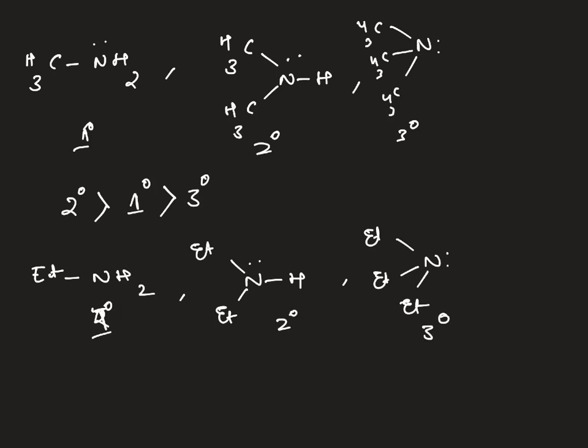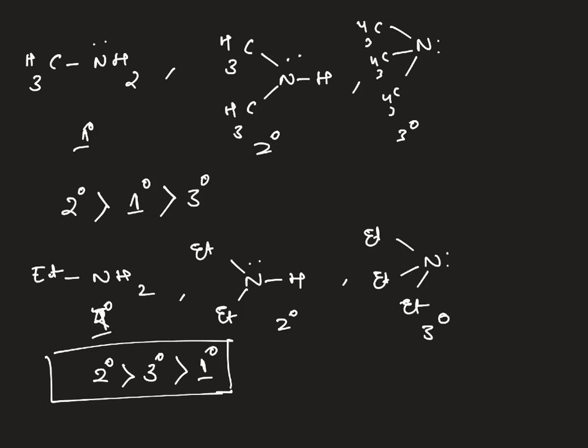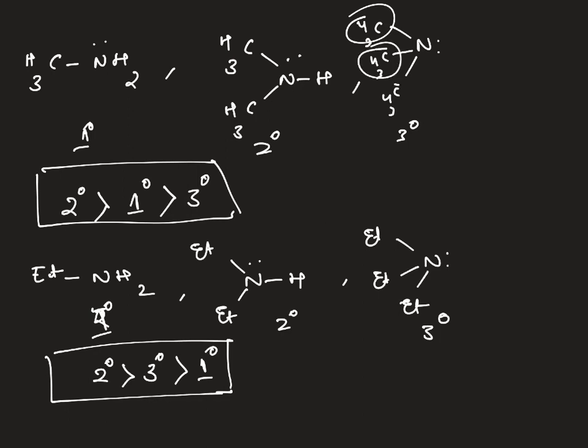Here, the secondary amine is the most basic, followed by the tertiary amine, and the least basic is the primary amine. So the basicity order in the solution phase depends upon which alkyl groups are present on the nitrogen, and based on that, this order will change slightly.